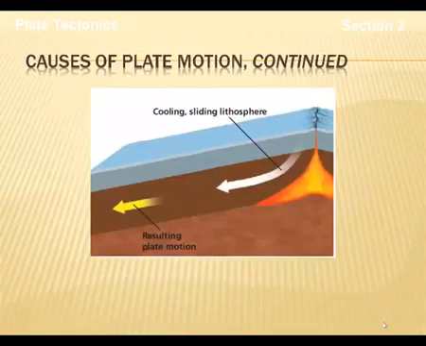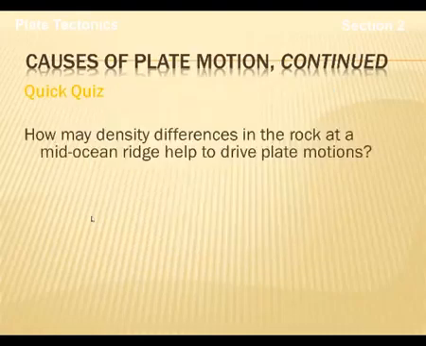This picture represents that. So we can see where we've got cooling rock occurring here. Again, it's happening between the lithosphere and the asthenosphere. That cooling rock is becoming more dense, and it is sinking, and it's pushing the rest of the plate that's out in front of it forward. So quick quiz, how may density differences in the rock at a mid-ocean ridge help to drive plate motions?